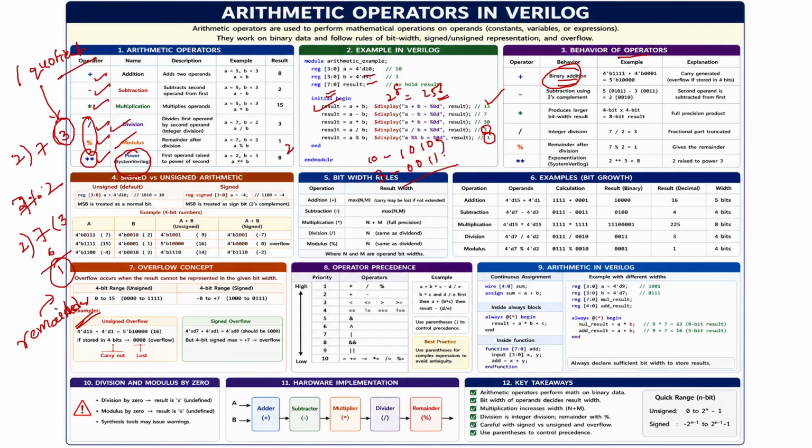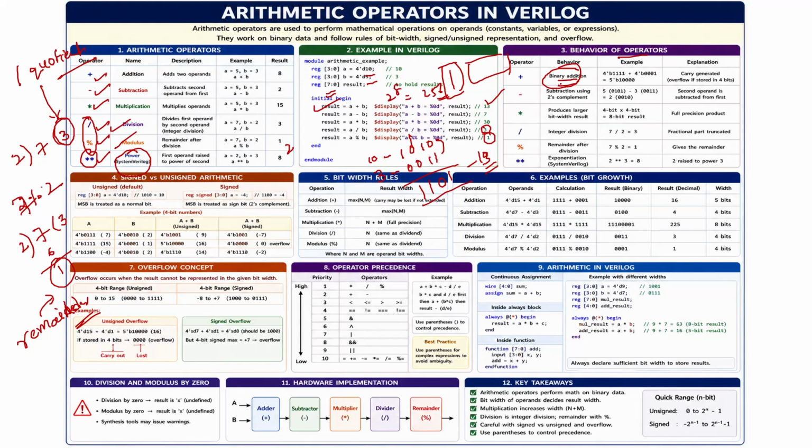Then binary addition: 0 plus 1 is 1, 1 plus 1 is 0, carry 1, 1 and 1. 1101 means 13. So in this way we do binary addition. When a carry is generated, it is forwarded to the next value, and if an overflow occurs, it will be considered as a fifth bit. So in this way we consider the carry value.